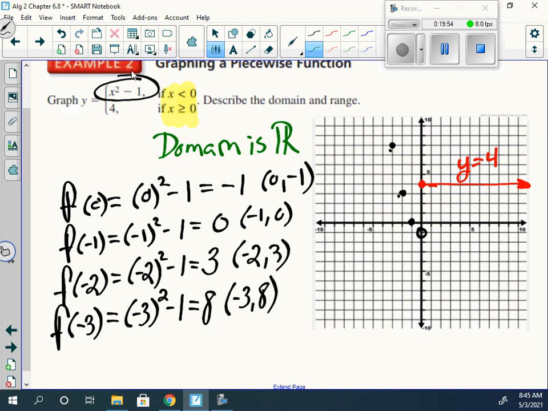Now we do have enough points to get a general idea of what this graph looks like. So we can start here and go up this way. So this is the entire piecewise graph. Any questions on this here before I erase these functions? Okay.